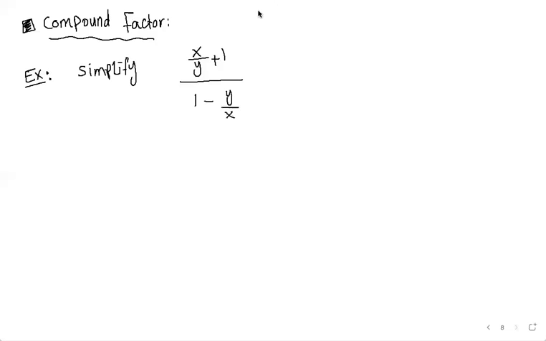So how can we think about this question? To solve a question like that, we have to write the numerator and denominator separately like this. This is equal to x over y plus 1, divided by 1 minus y over x.